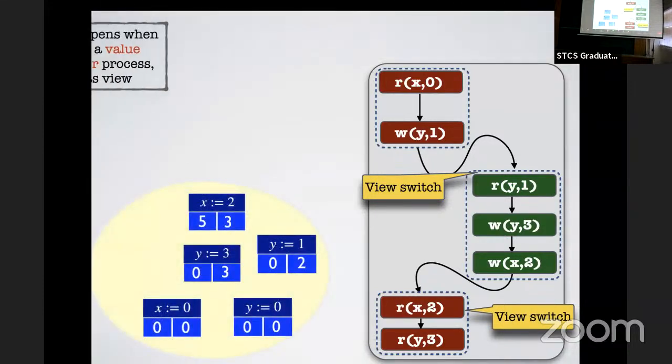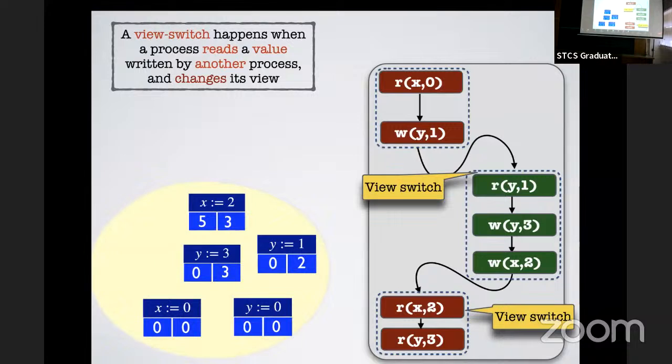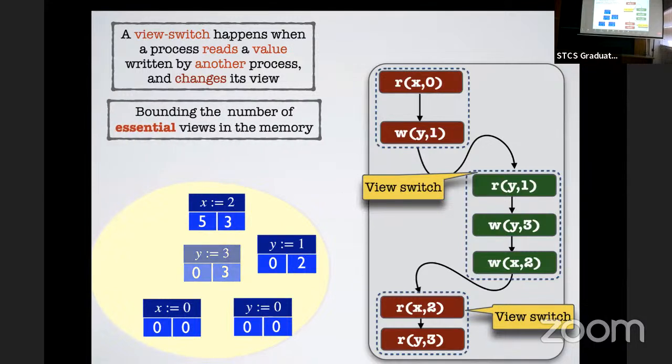This is just to illustrate another concept needed in this under approximate reduction. What we are now going to do is bound the number of essential views in the memory. Each box is a view. What we saw till now, the memory pool had an unbounded number of views.